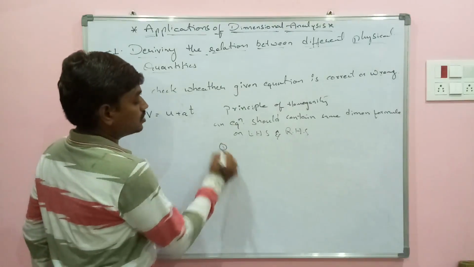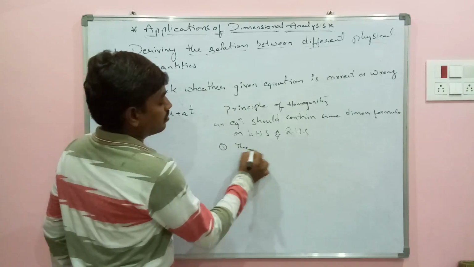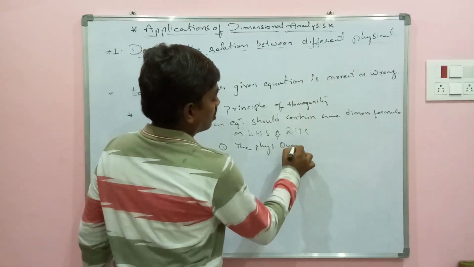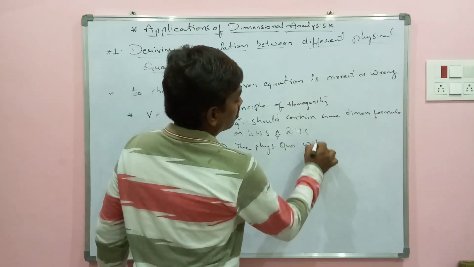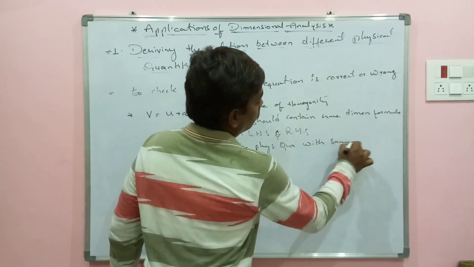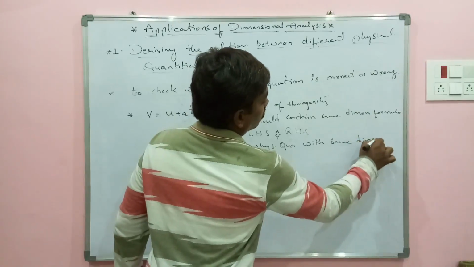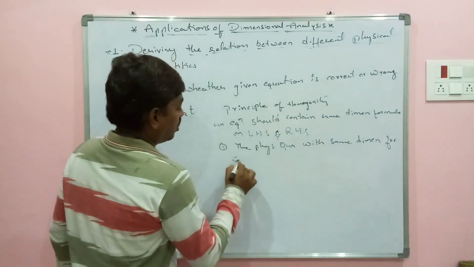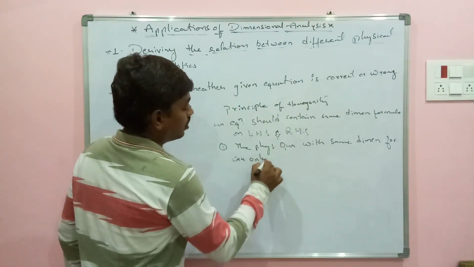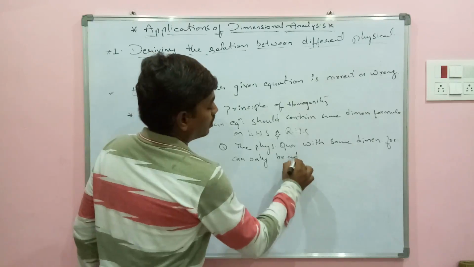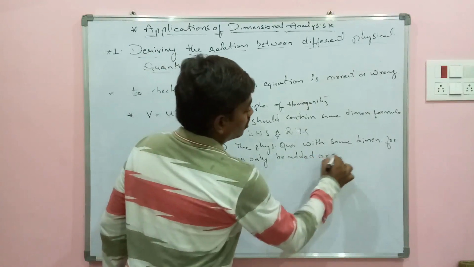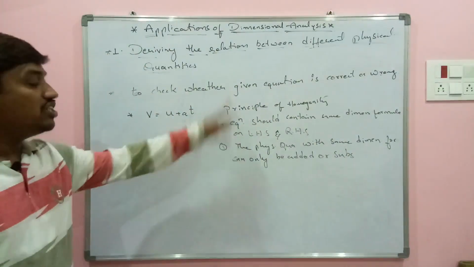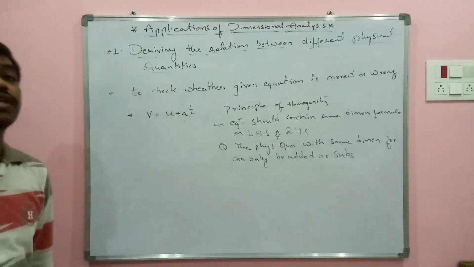And the second point is that physical quantities with the same dimensional formulae can only be added or subtracted. So using these two, we will be deriving whether a given equation is right or wrong.